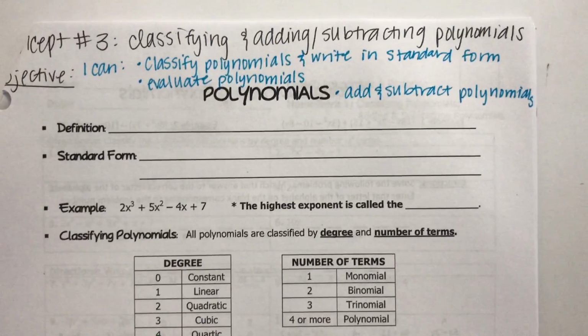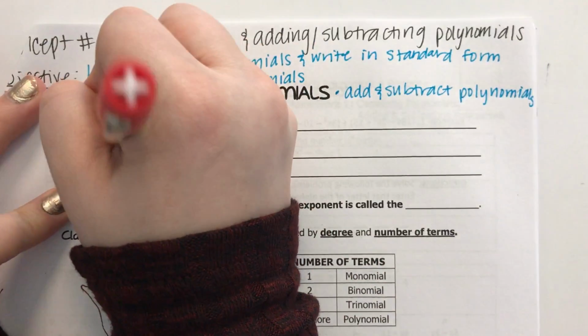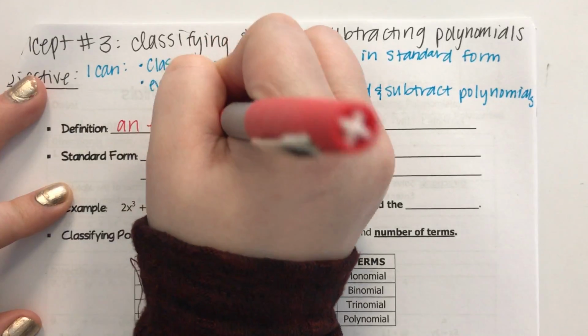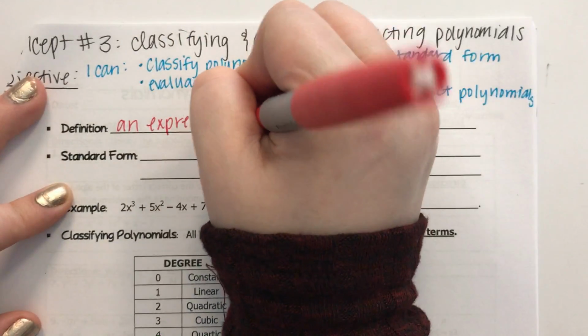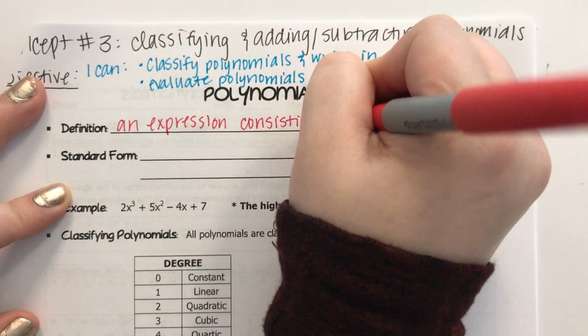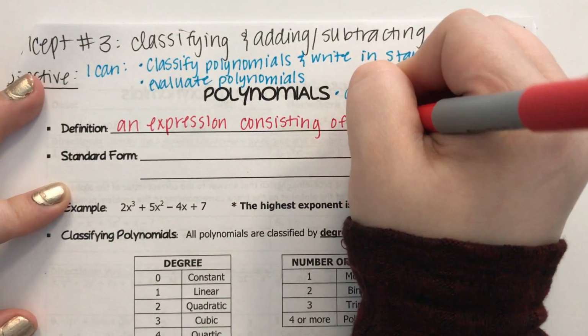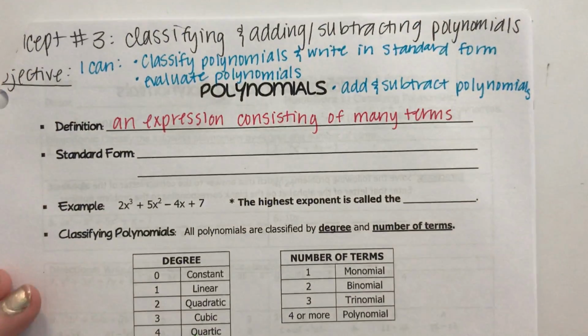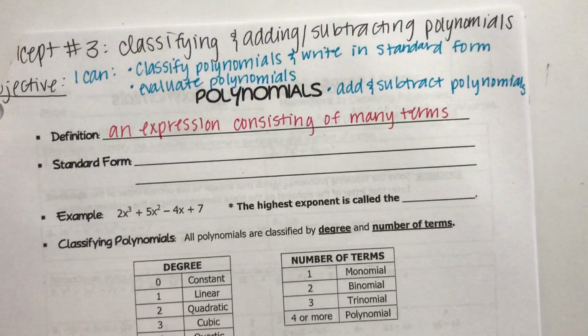Okay, so polynomials, what is the definition of a polynomial? Is an expression consisting of many terms. Okay, an expression consisting of many terms. So now we need to figure out, what does standard form mean?